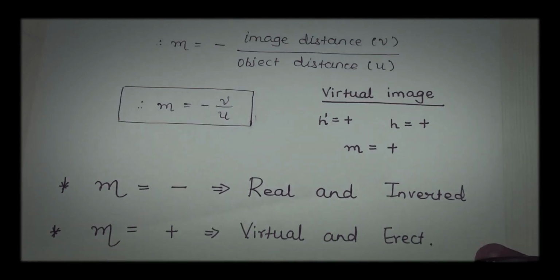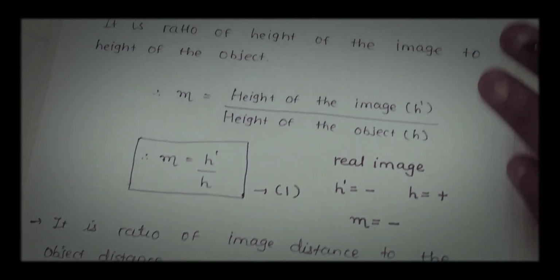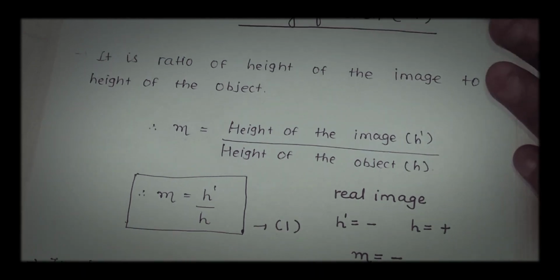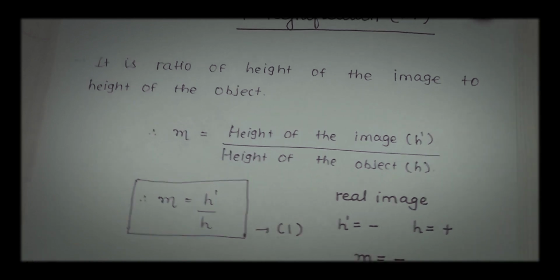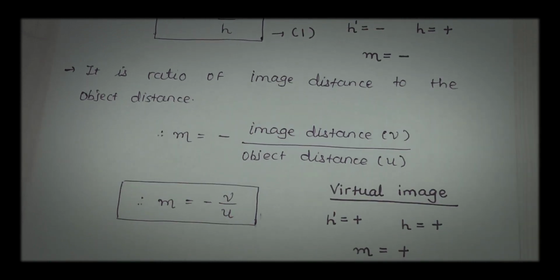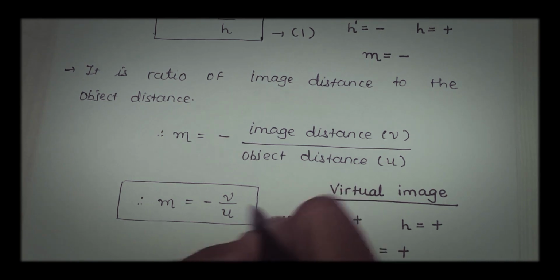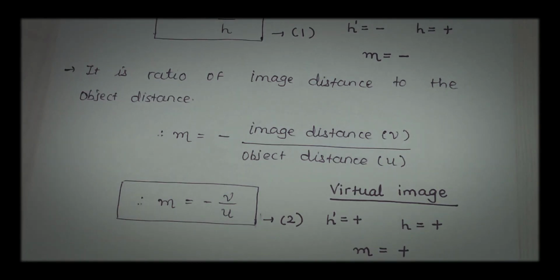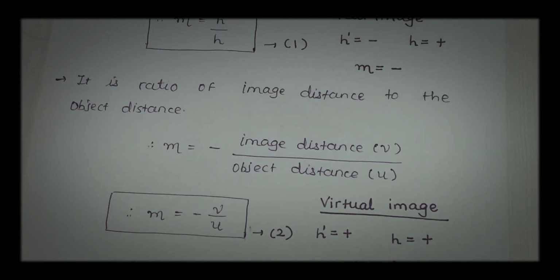Okay, so our topic is magnification. First we discussed the two definitions, in which the first is related to height and the second is related to distance. So there are mainly two formulas. The first is m is equal to h dash by h, and the second is m is equal to minus v by u.